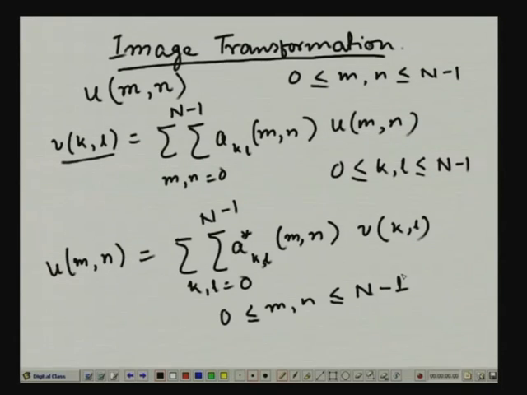Now, what is the orthogonality property? What is meant by the orthogonality property in case of the matrix? The orthogonality property says that for this matrix A, it says that A k l m n into A k dash l dash m n.